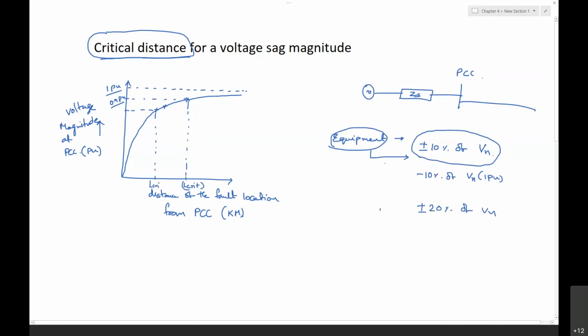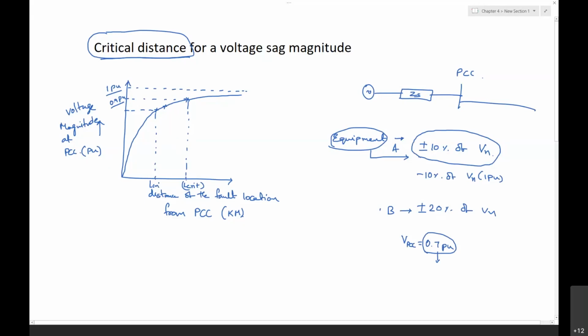Maybe this is of A, this is of an equipment of B. This critical distance for a voltage sag magnitude is always dependent upon the equipment specified voltage limits. If you know the equipment's nominal voltage, maybe it can withstand a PCC voltage of 0.7 per unit. Whichever equipment has been connected, it gives a satisfactory performance.